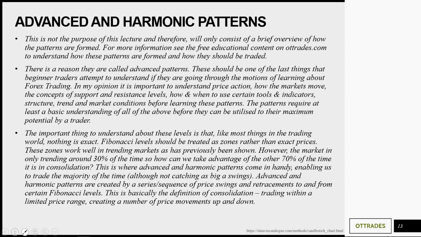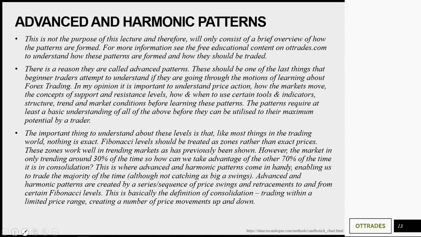The important thing to understand about these Fibonacci levels, like most things in the trading world, is that nothing is exact. So these levels should be treated as zones rather than exact prices or exact price lines. As we were drawing the tools earlier, the 38.2, 61.8, 50% retracement, whatever it is, looked like exact lines in the market.